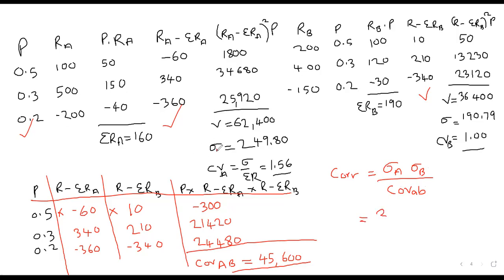So this is the standard deviation for asset A, 249.8, asset B, 190.79, and the covariance, 45,600. What are we getting? Coefficient of correlation. What are we getting?